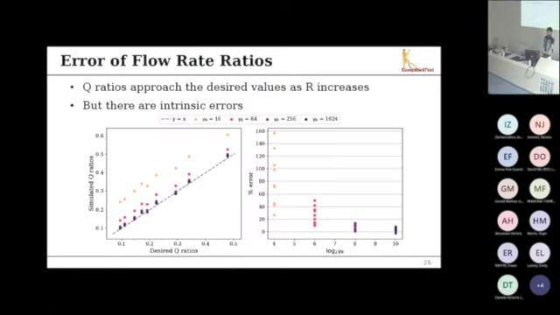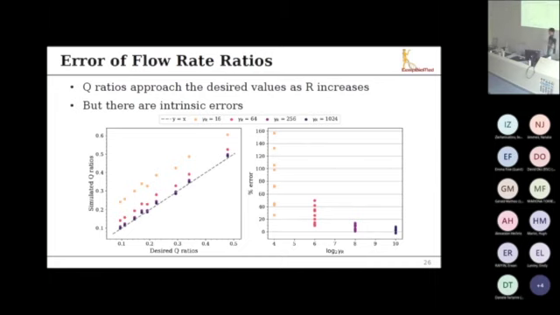Regarding the accuracy of this model, we plot the simulated flow rate ratios against the desired flow rate ratios. As the resistance increases, namely the color becomes deeper, we find that the plot approaches the dotted line, which is the expected one, and the error decreases exponentially as the resistance increases.